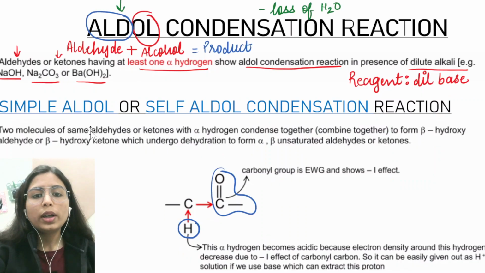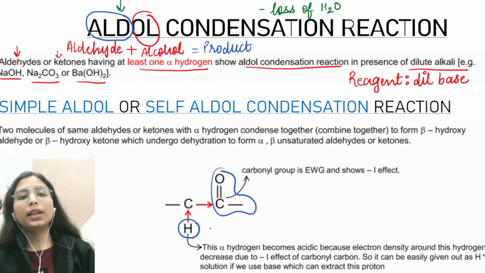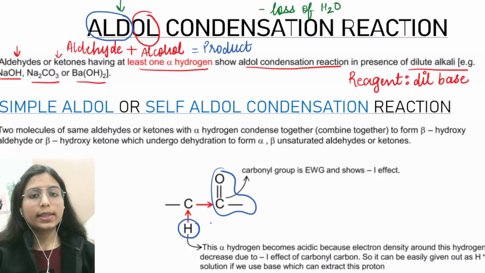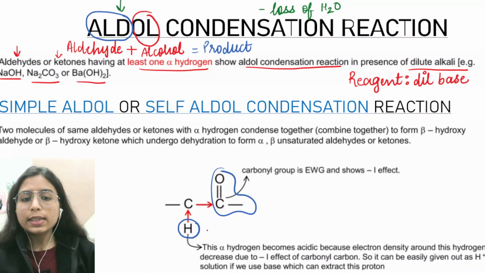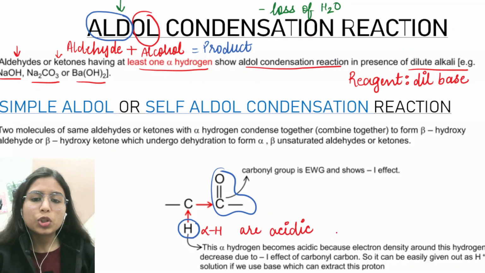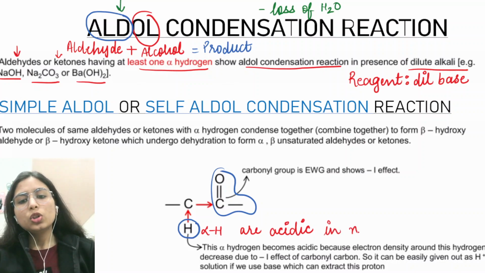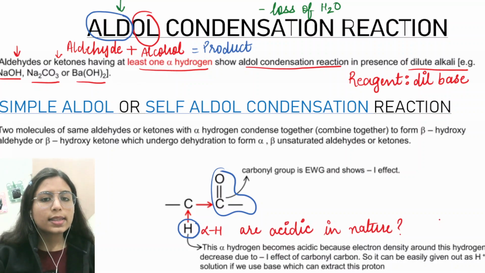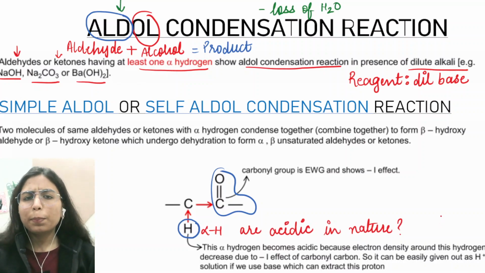So here what happens is, as I told you, this hydrogen is acidic in nature. Now there is a concept of acidity. Basically these alpha hydrogens are acidic in nature. In your NCERT, this is also one of the most favorite questions of the CBSE board, that why these alpha hydrogens are acidic in nature. To characterize a substance's nature, whether it is acidic or basic, what is the prerequisite?